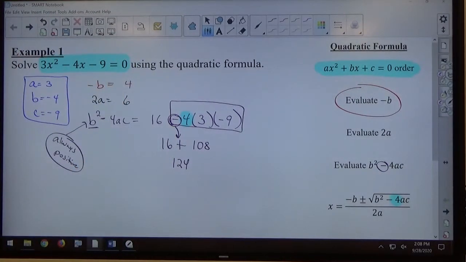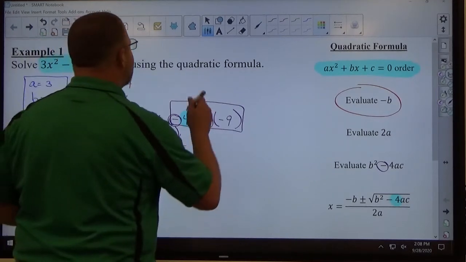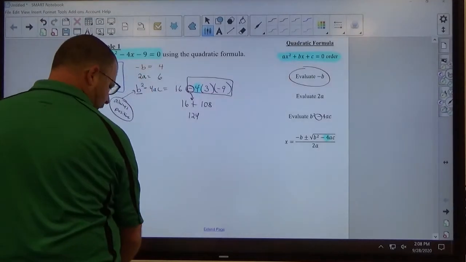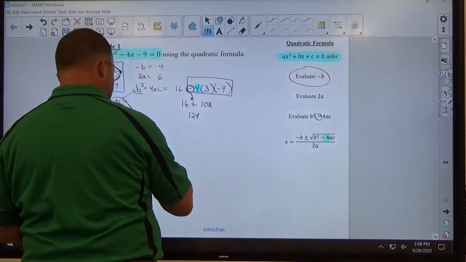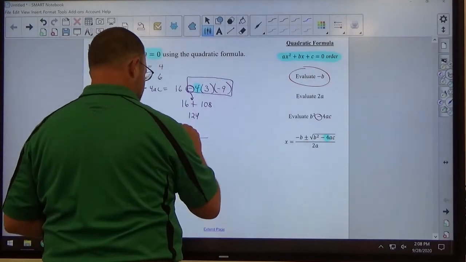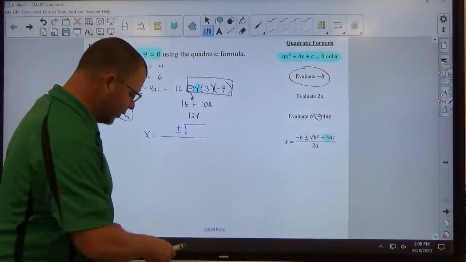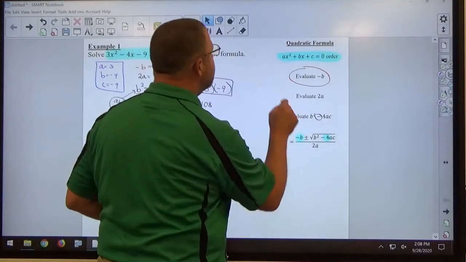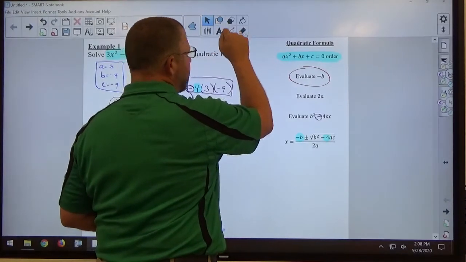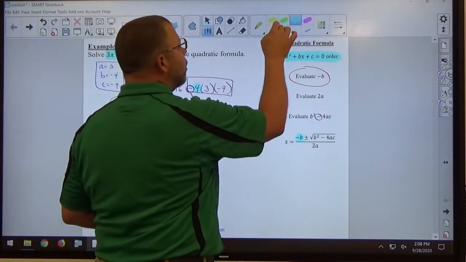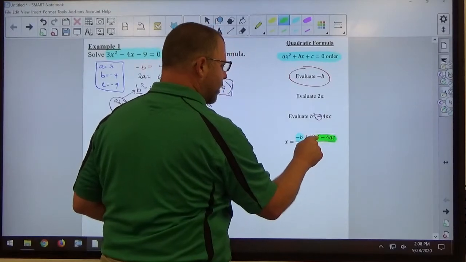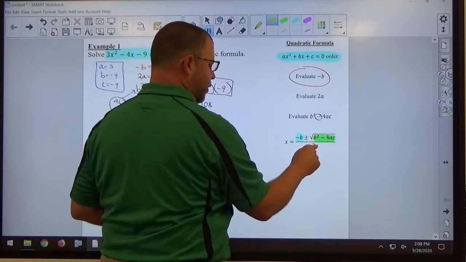So I've evaluated negative b, I've evaluated 2a, and I've evaluated b squared minus 4ac, completely down to a single number for each thing. The last thing to do to get the answers is create this structure right here. Notice it is one thing plus or minus the square root of a second thing, all over a third thing.